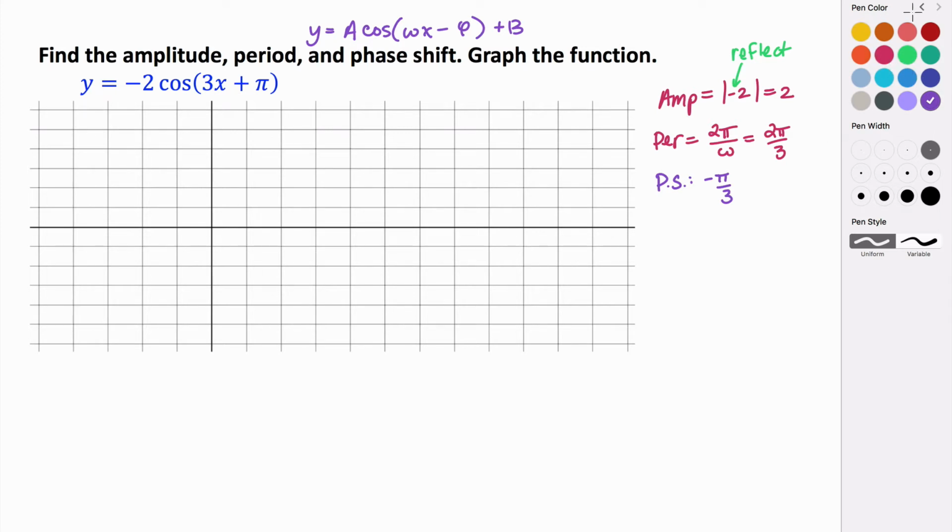So when graphing these, we're going to treat these the same way that we normally do. Again, we're going to take the period and cut it into quarters. So 2 pi over 3 times 1/4 is 2 pi over 12, or pi over 6. So every pi over 6 units, we're going to be labeling these.